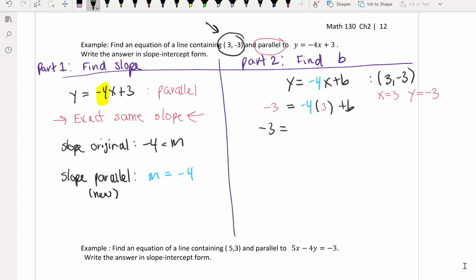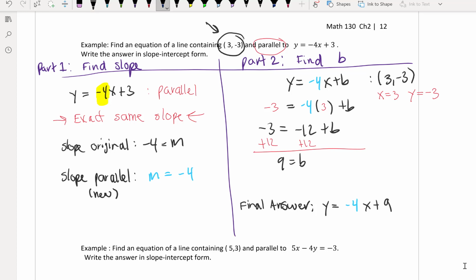Then negative 3 is equal to negative 12 plus b. Let's add 12 to both sides. So negative 3 plus 12 gives you a positive 9, equal to b. So now your final answer is going to incorporate your new slope and your new y-intercept. So y is equal to negative 4x plus 9. So that ends up becoming my final answer.